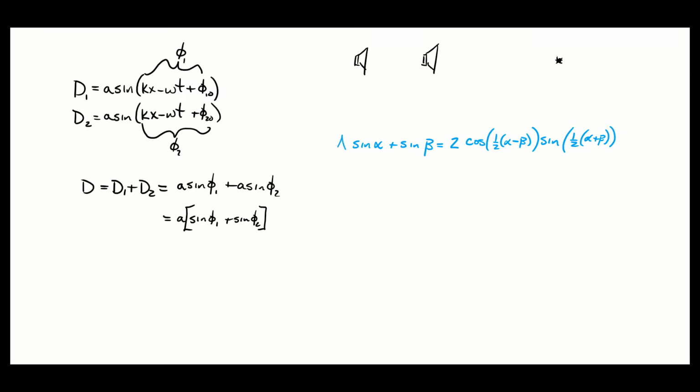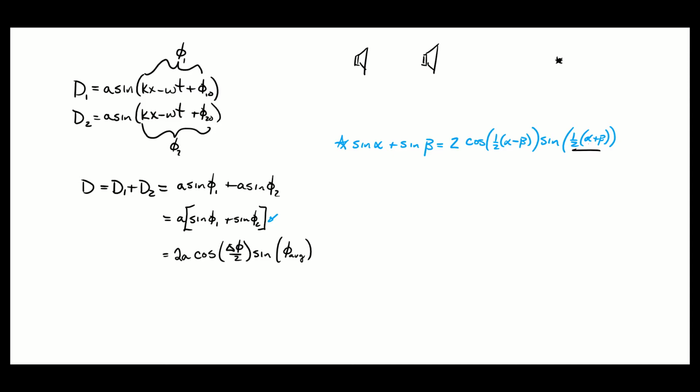So we can use this identity to simplify this equation, and this ends up meaning that the total displacement is going to be 2A cosine of delta phi, that is phi 1 minus phi 2, divided by 2, times sine of, well, this is really just the average of both phases, right? Phi 1 plus phi 2 divided by 2 is the average of those two. So this would just be phi average.